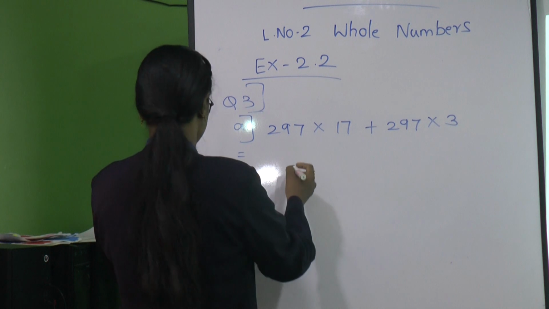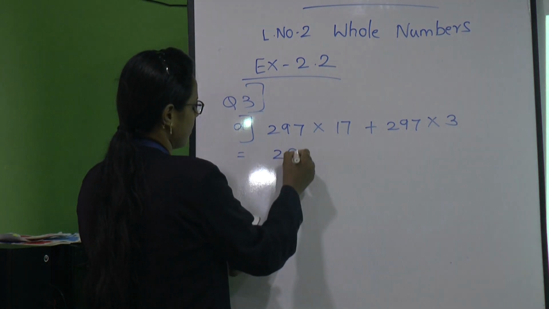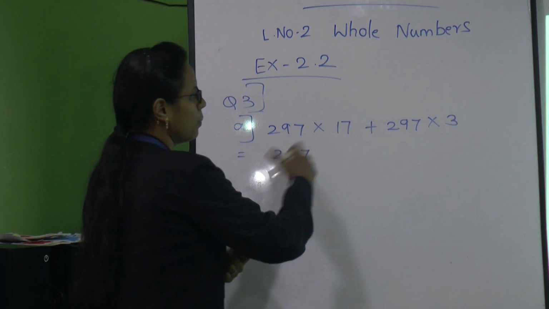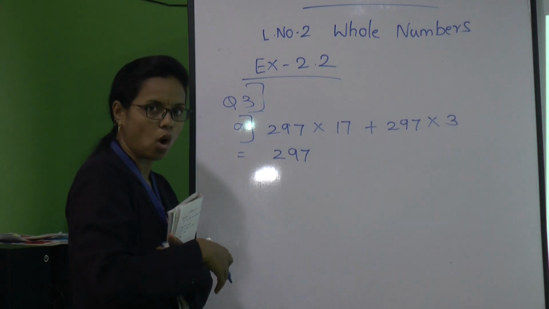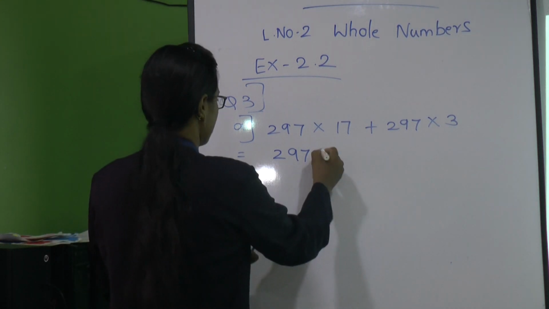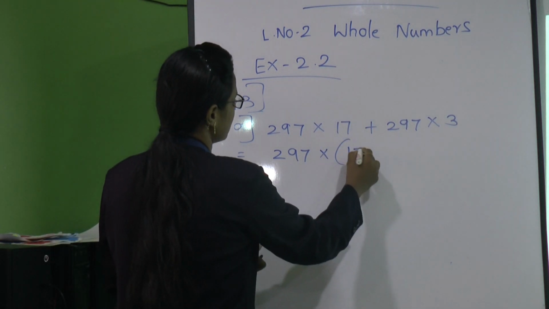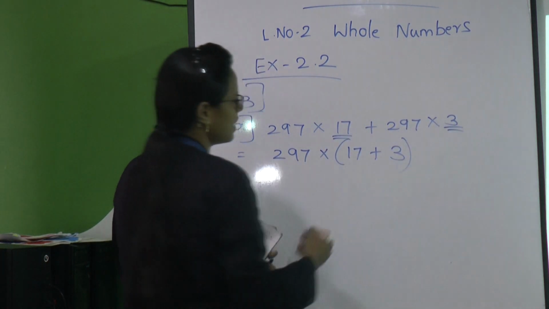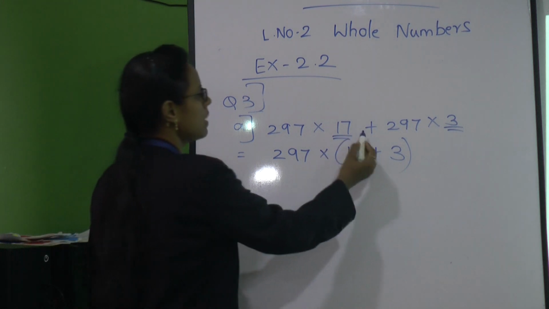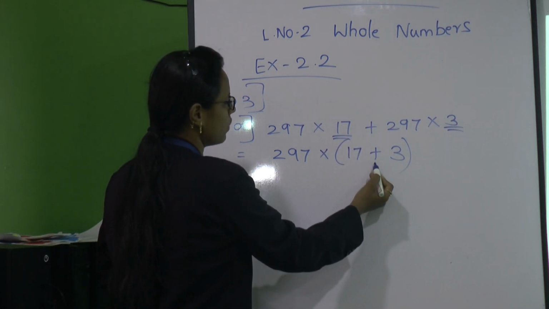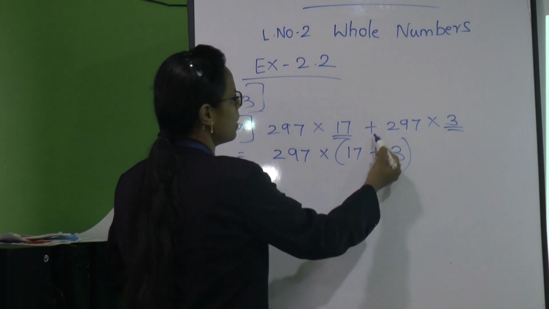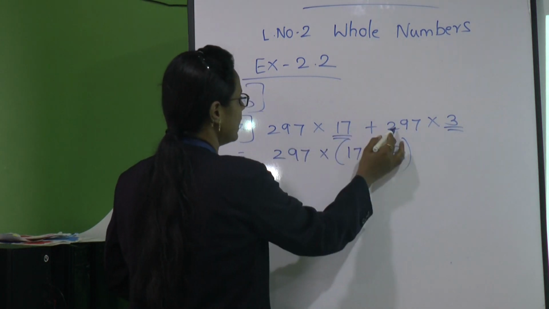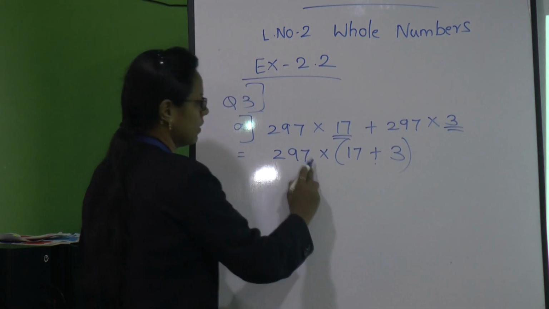See here. 297, as we have on both the sides, we can take this as a common and we can take in the bracket the remaining 17 and 3. As the symbol plus is there in between, so we have to take 17 plus 3, and 297 which is common we will take here.